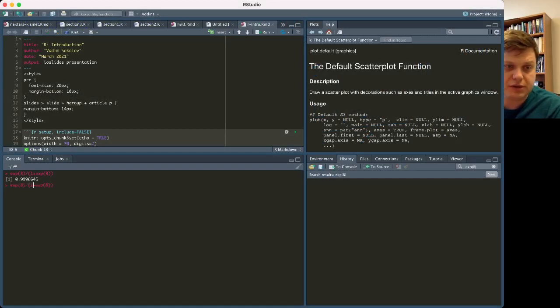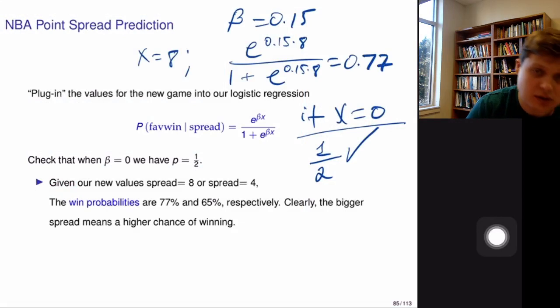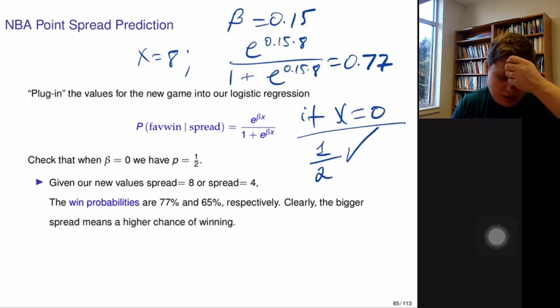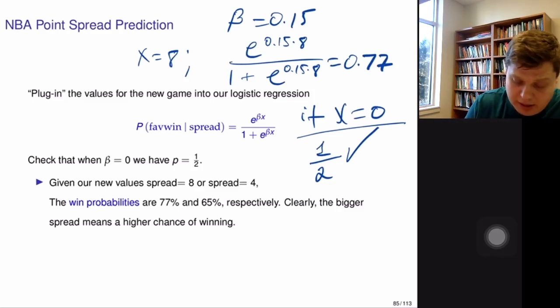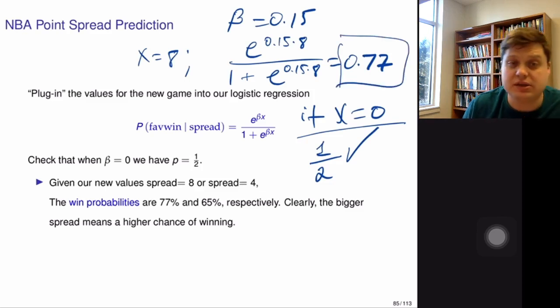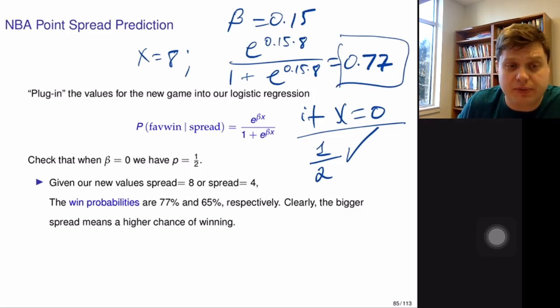We get 0.76, 0.77 if we round it. So in other words, our model tells us that when bookies put the spread at 8, meaning that they think the favorite team will win by 8, it is equivalent to the bookies saying we're 77% confident that the favorite team will win the game. So we can go between the spreads and percentages using this logistic regression model.